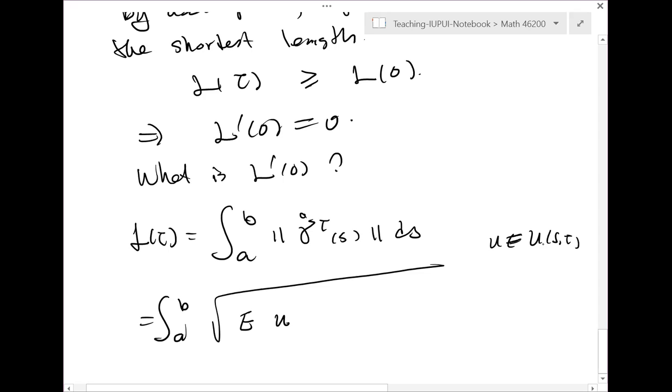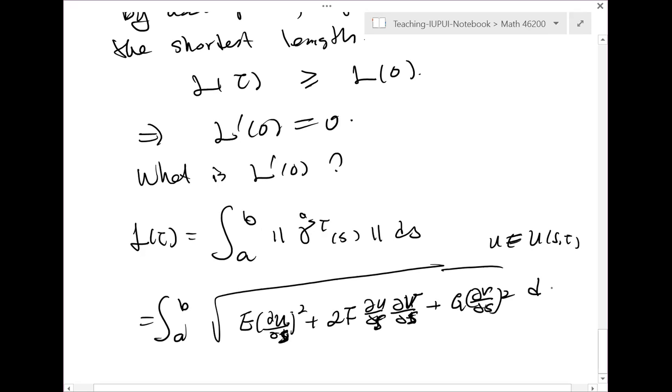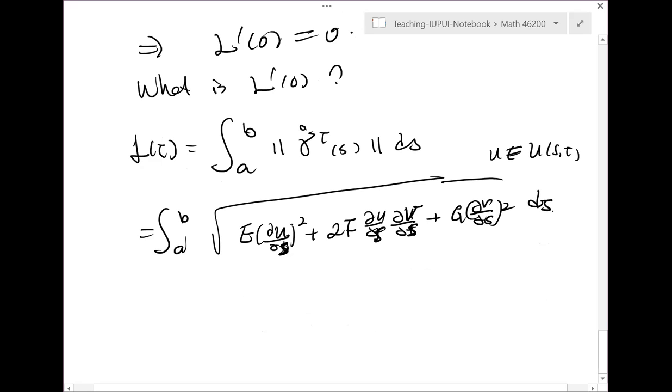And when tau equals 0, it's just U of S. So for simplicity, I'm going to denote this part by G of S and tau.